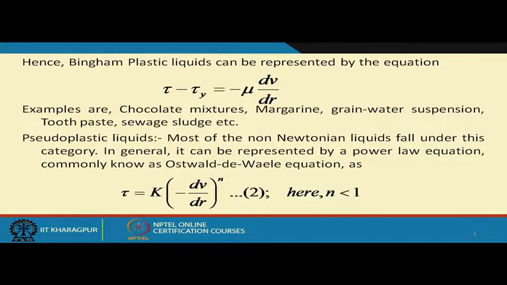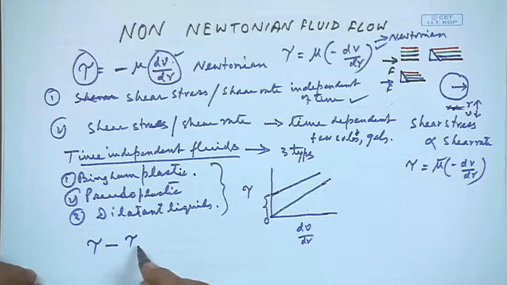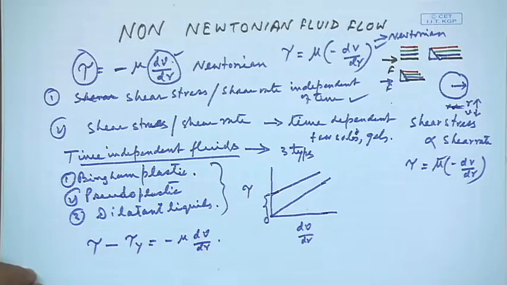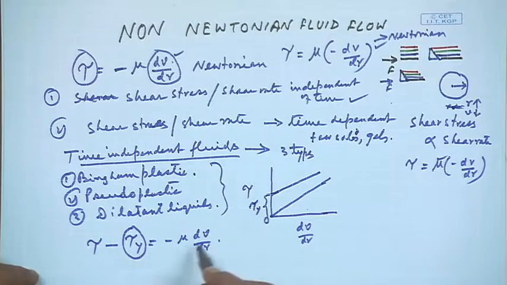Here we can relate in terms of shear stress as tau minus tau yield equals minus mu dV dr, where tau y is the yield stress, the minimum which you need to give for the flow of the fluid. Once it starts flowing, then it follows the Newtonian fluid.